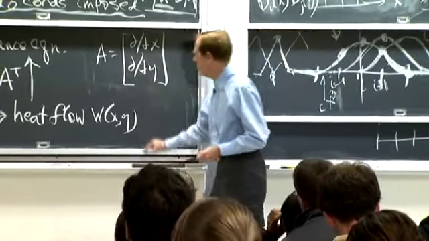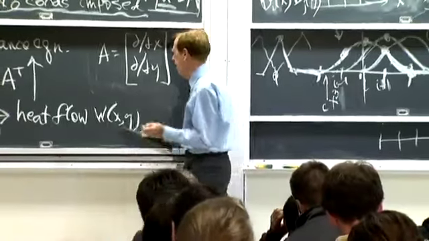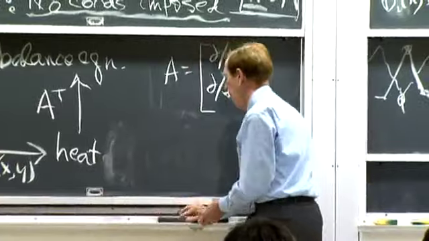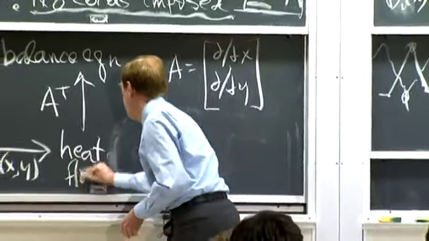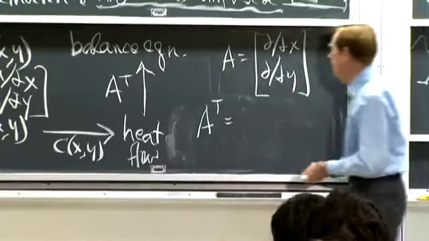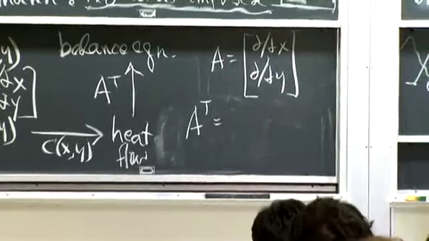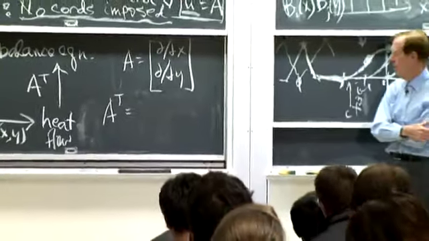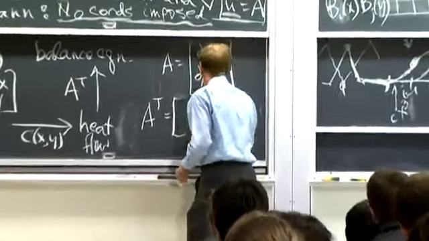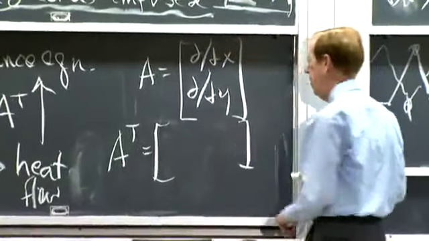So what should A transpose look like? If there's any justice, A transpose should be, okay, this is 2 by 1. The transpose you would expect to be a row vector.